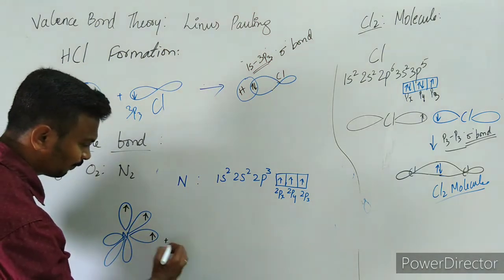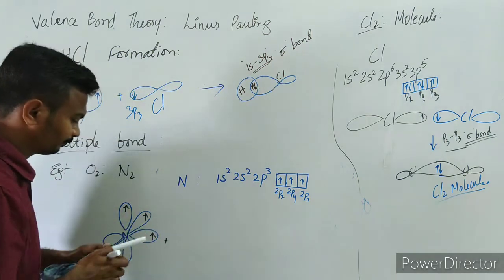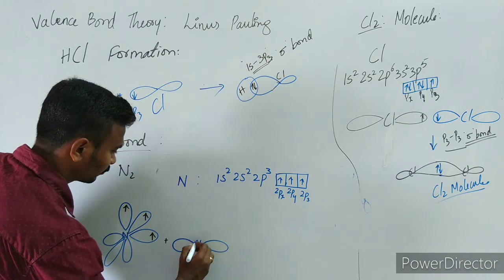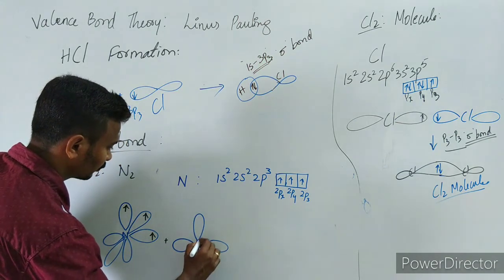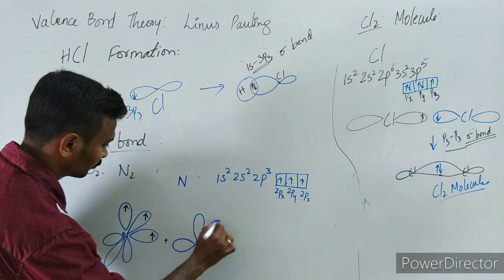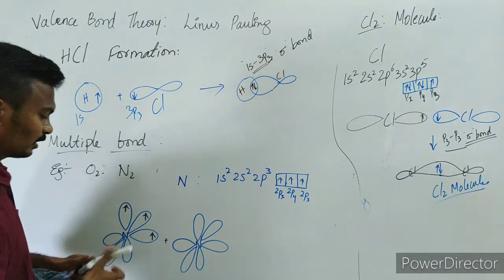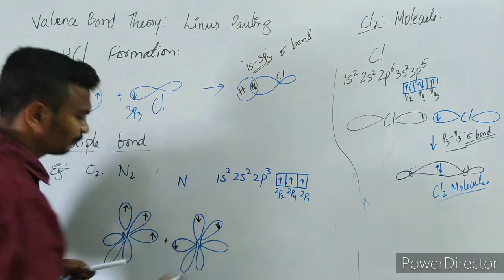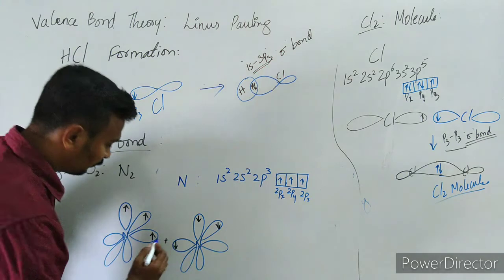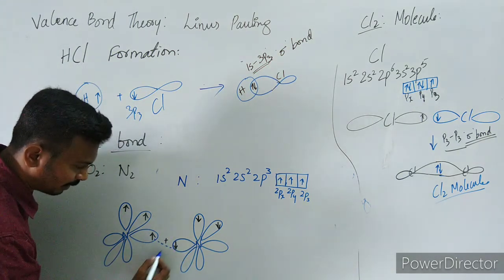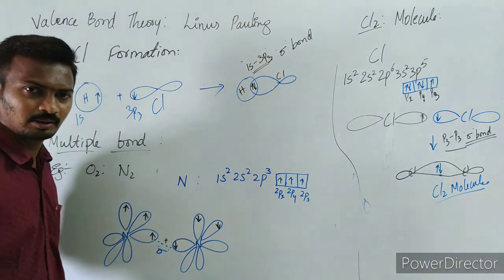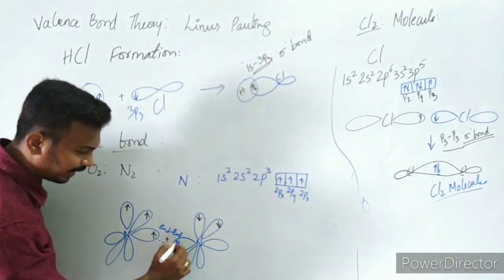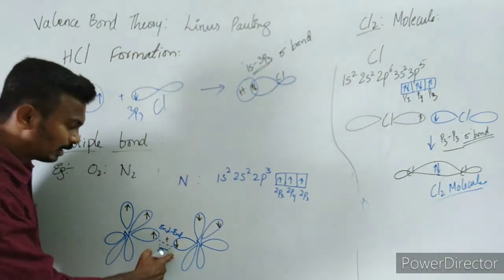This is one nitrogen and another nitrogen, with unpaired electrons of opposite spin that will be overlapping now. See, if you take these 2 atomic orbitals, they lead to the formation of a sigma bond. Why? Because this is end-on-end overlapping. So they form a sigma bond.